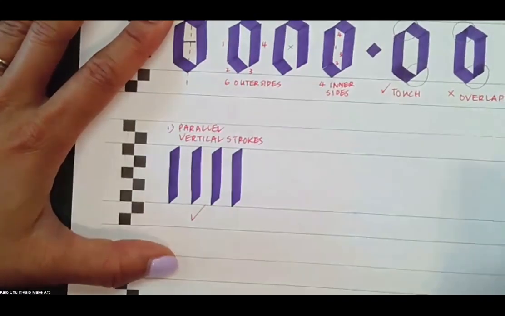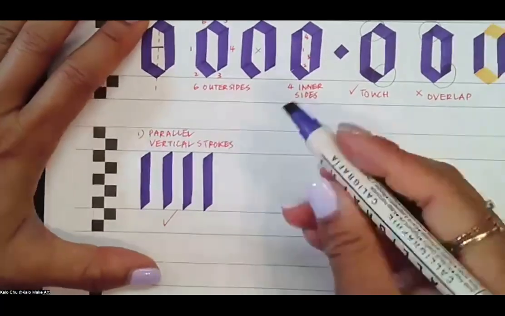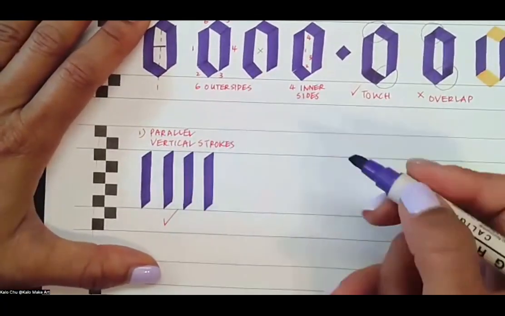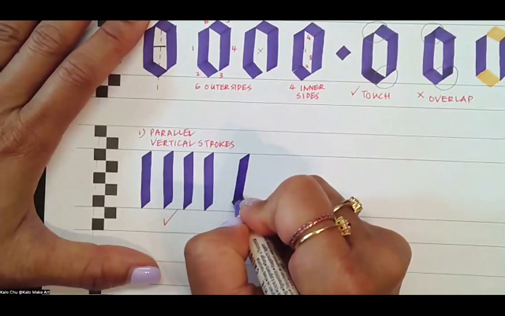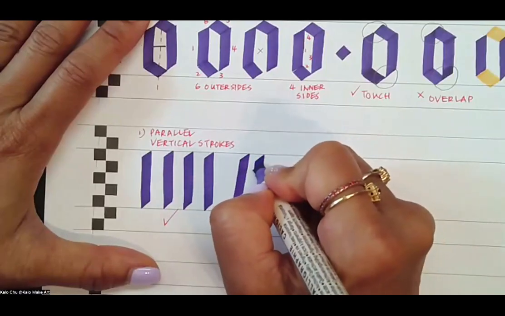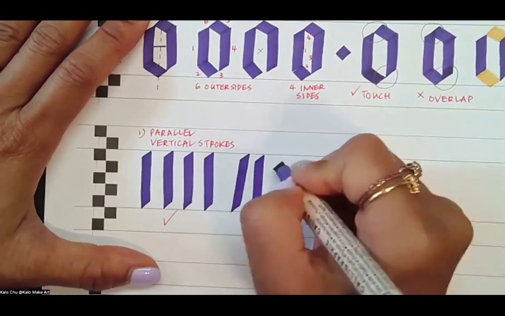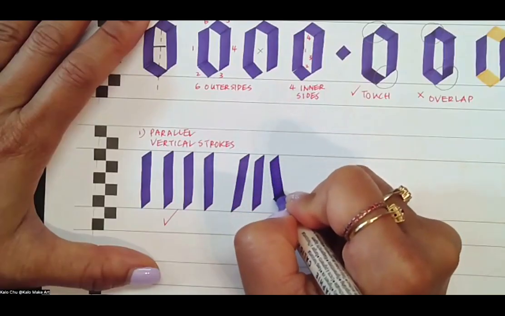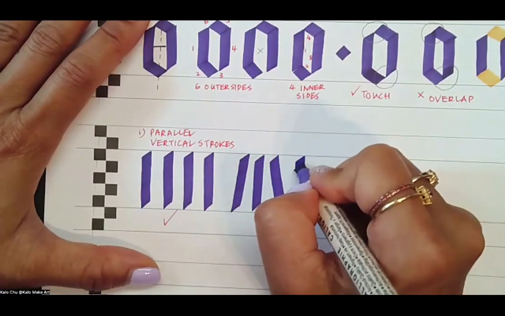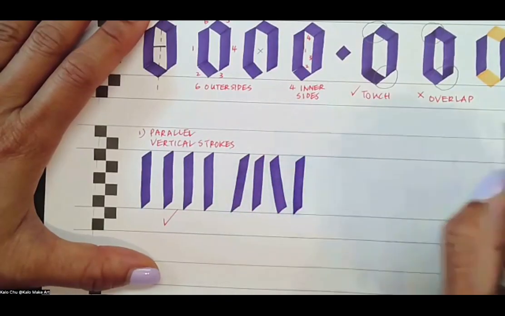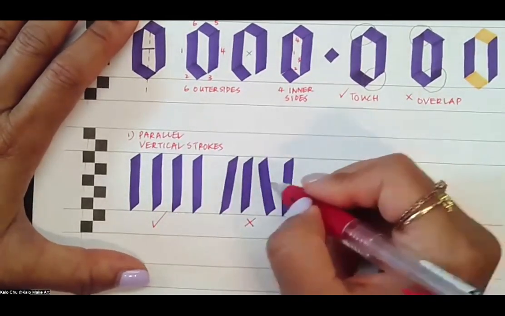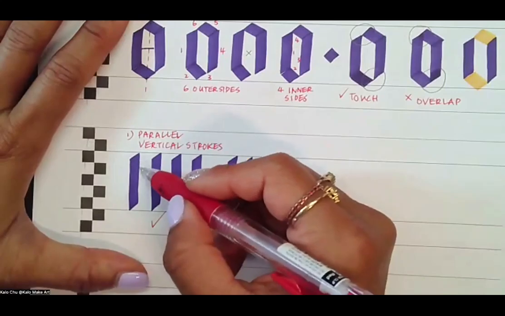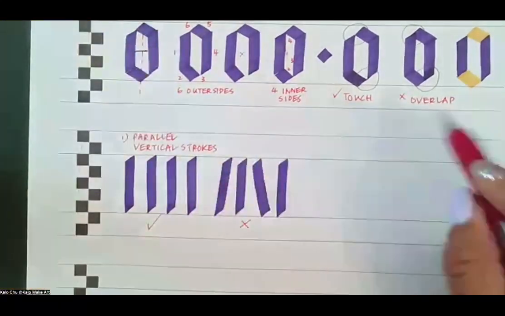So this is good. What we don't want to do is, for example, if we do our I or N, we end up with verticals where some are slightly angled, some are straight, and some are angled the other way. You see, this is what I mean by not being parallel. Okay, so we don't want that. And you should have kind of an equal spacing in between.